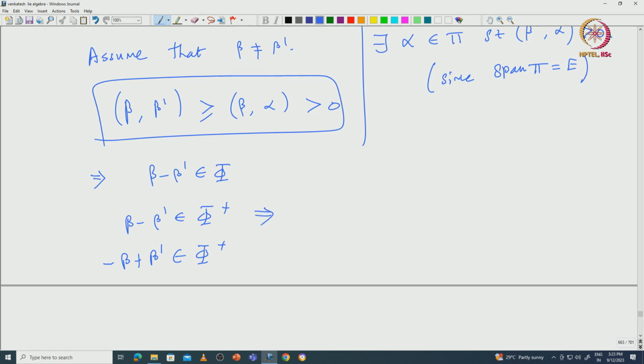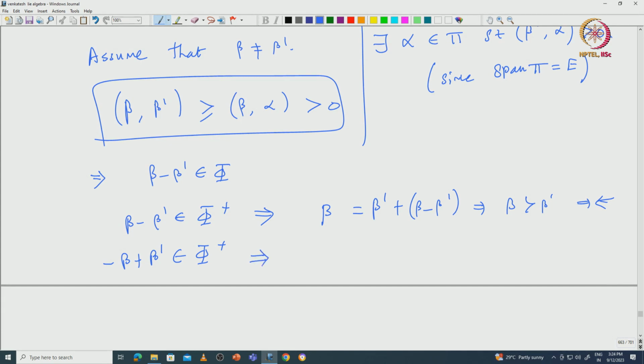In the first case, beta is equal to beta dash plus beta minus beta dash. So this forces that beta is bigger than beta dash, which is a contradiction, because both beta and beta dash are chosen to be maximal elements and beta is not equal to beta dash.